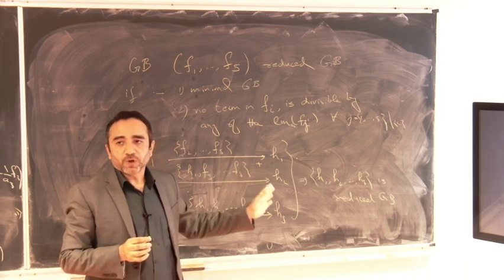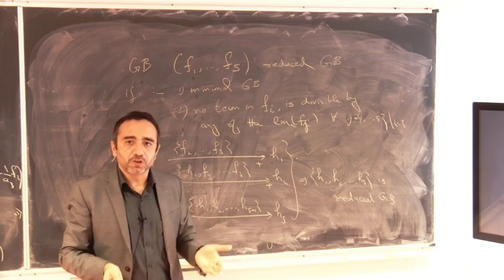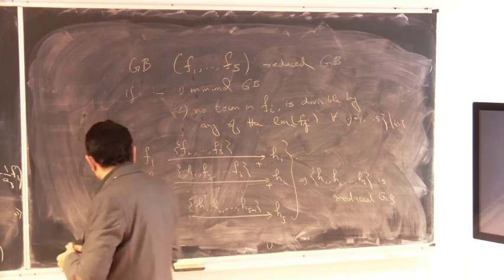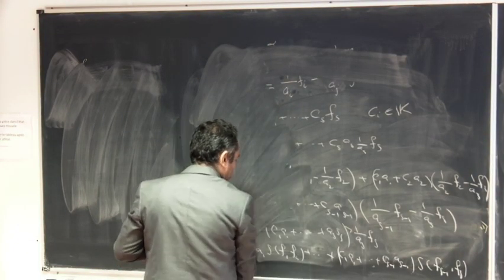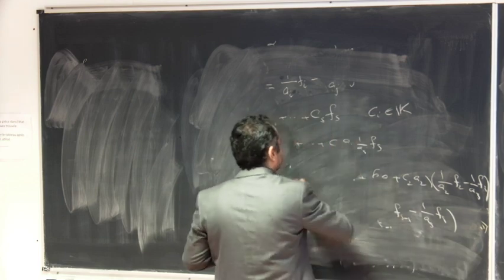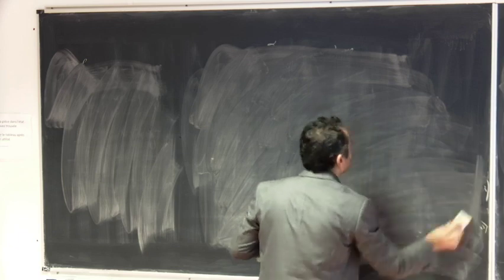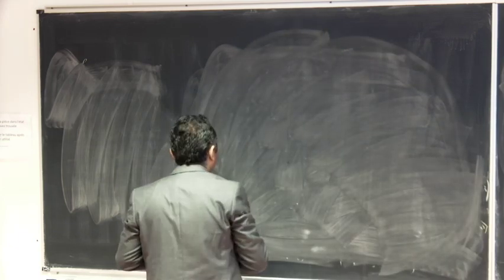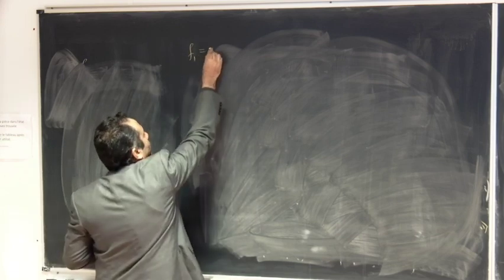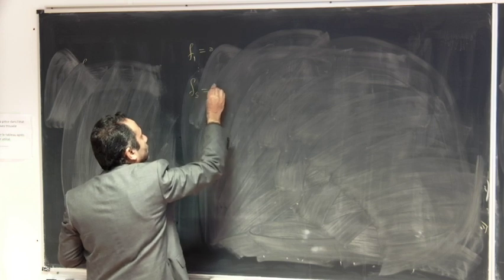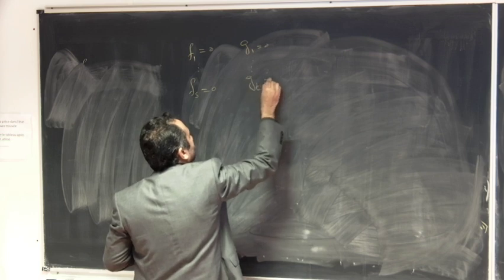So at this point, we are going to answer our questions which we have posted on the first day of lecture. The first question was that if you are having two systems, say f1 equal to 0, so on fs is equal to 0, and another system g1 equal to 0 up to gt is equal to 0.